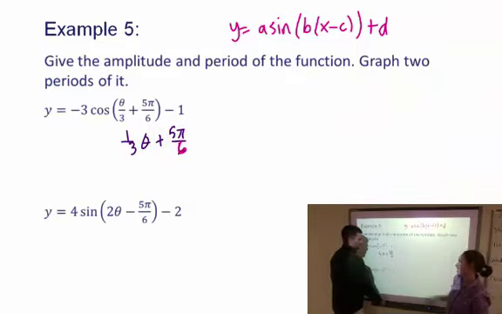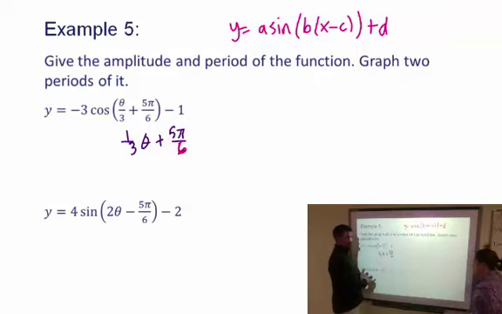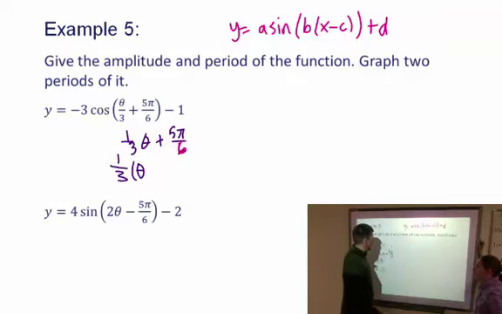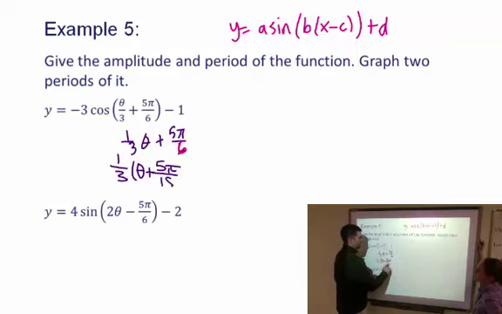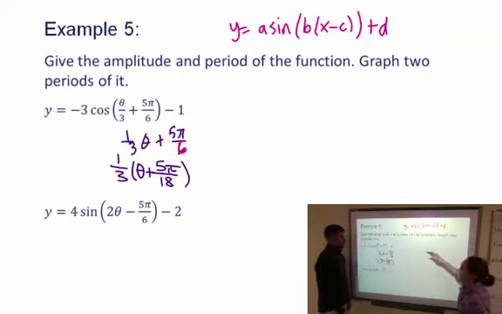So let's talk about how to do that. When you pull the 1/3 out, remember you're actually doing division. So when I pull that 1/3 out, I end up with my theta here, which now matches what I've got up there. But instead of 5 over 6 now, when you divide by 1/3, you're actually multiplying the denominator by 3. So this is going to be 5 pi over 18. No, you're multiplying by 3.